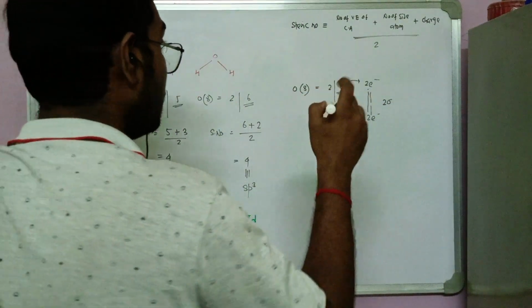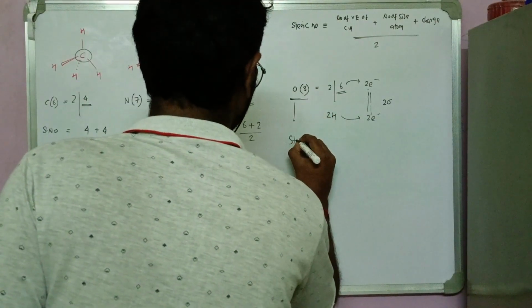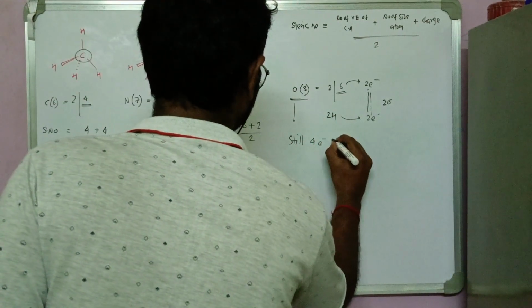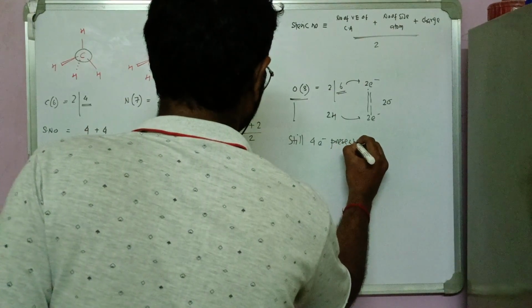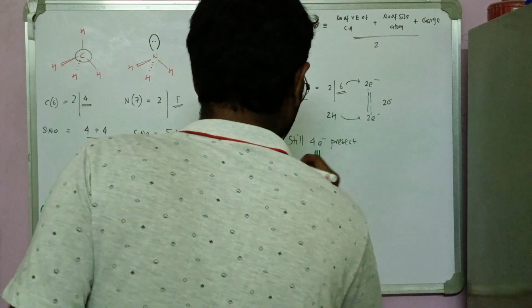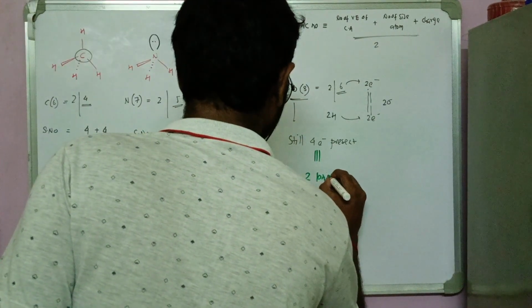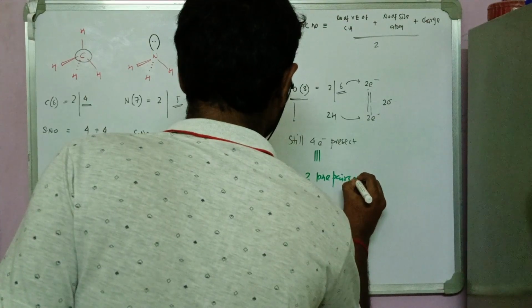But there are still 4 valence electrons in the oxygen atom, and they don't have any partners, so they will pair with each other. 4 electrons means 2 pairs, so there will be 2 lone pairs.